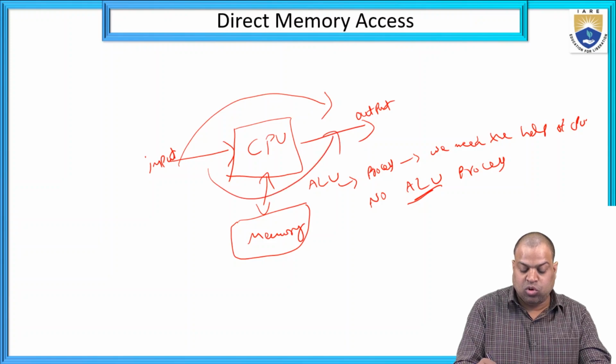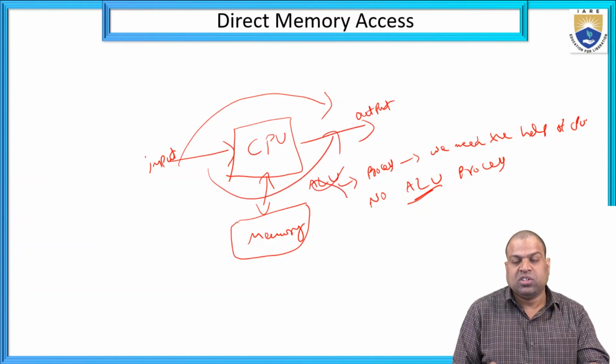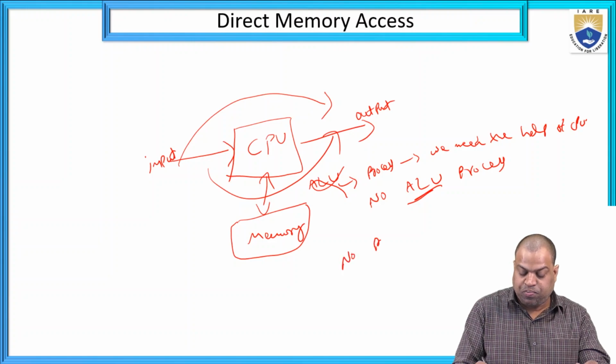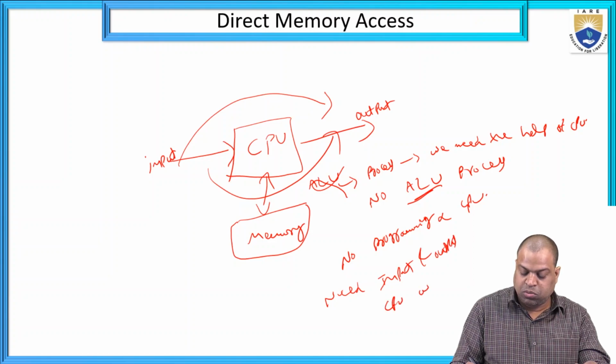I don't have to go for ALU work, so it is not a programming work. There is no programming, and no programming means no need of CPU. So I only need input, output, and CPU with memory.